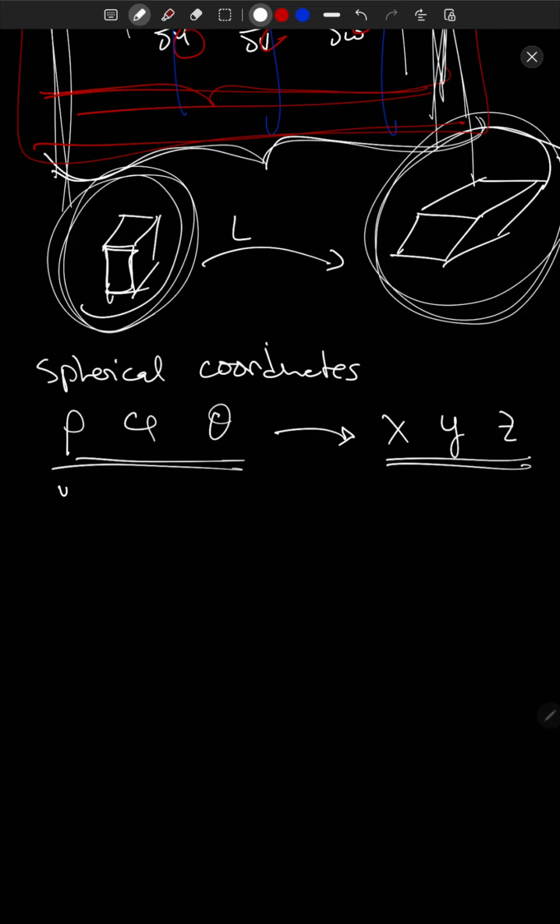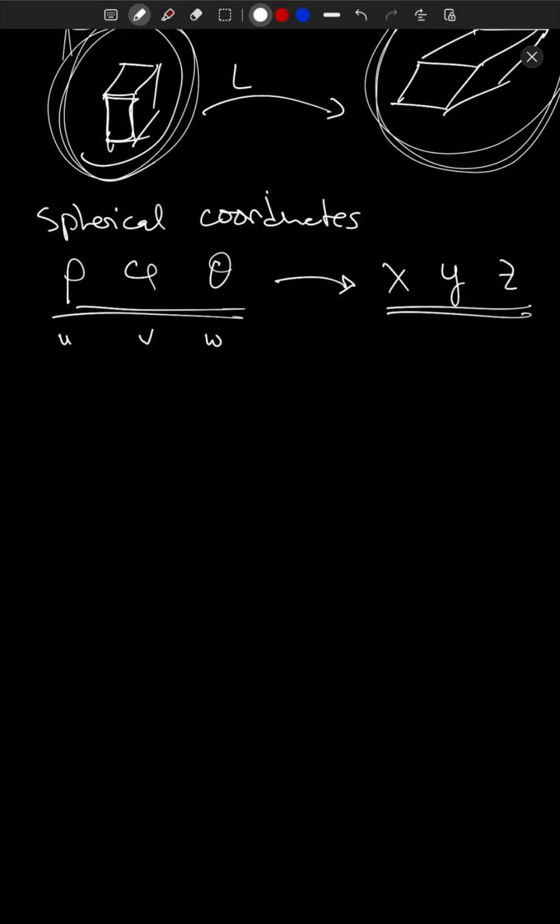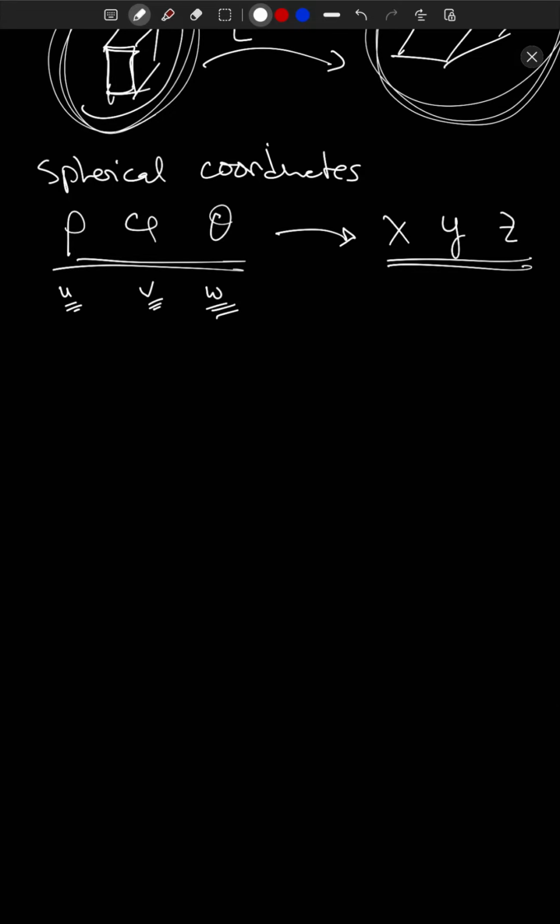Maybe rho would play the role of u. Phi would be like our v. Theta would be like our w. I'm going to do this natively in rho, phi, theta instead of u, v, w, just so we can see at least one example where I use different letters. You definitely don't want to always have to use the same letters.